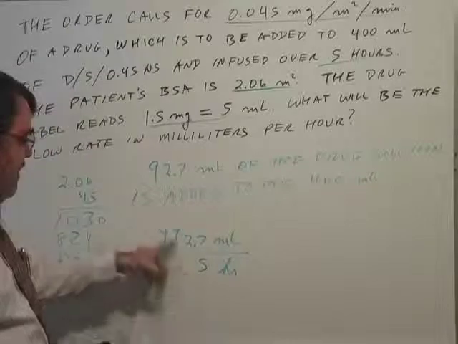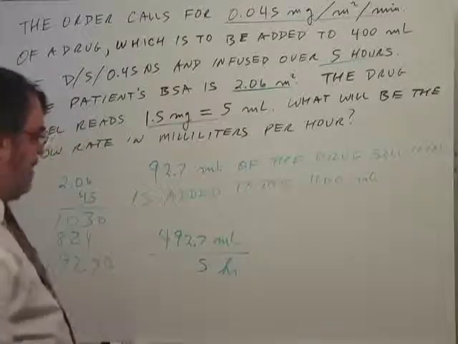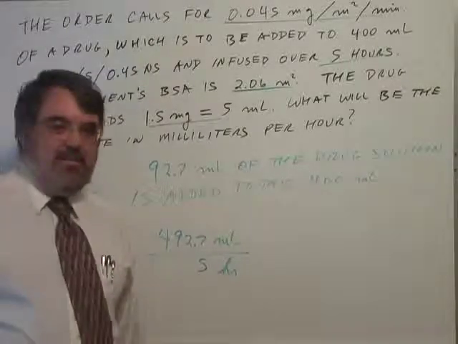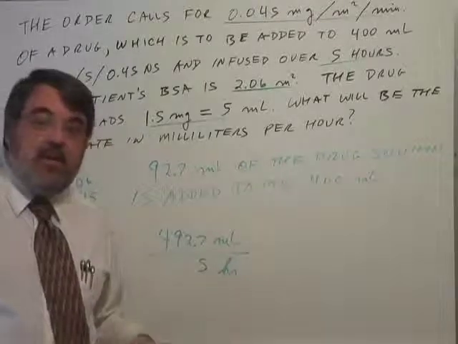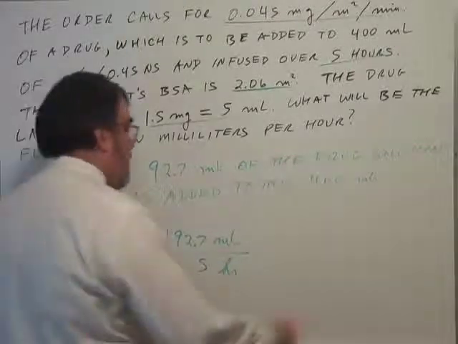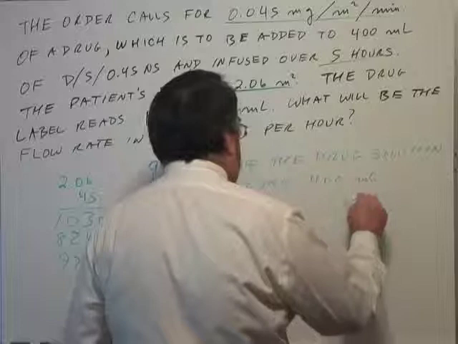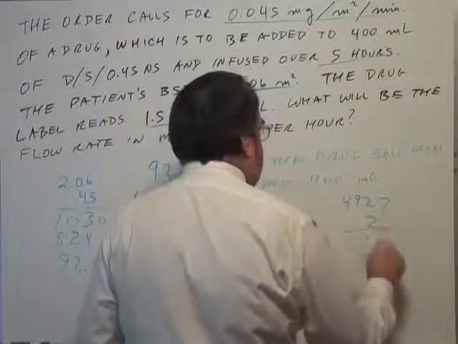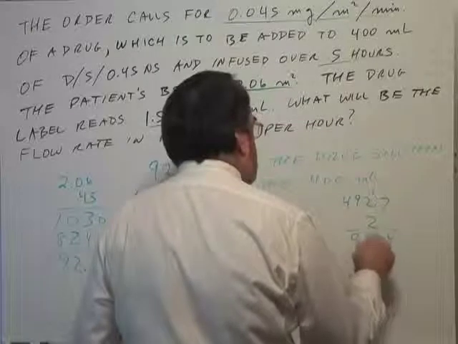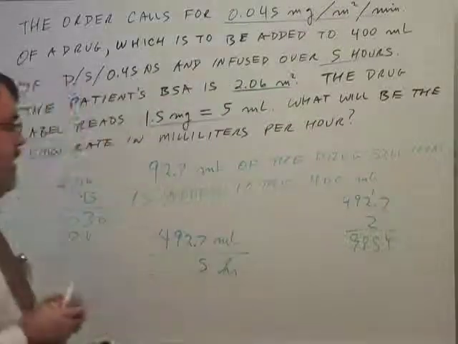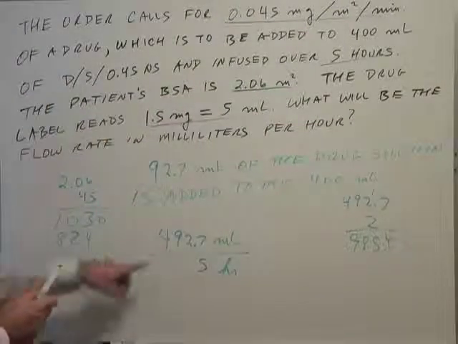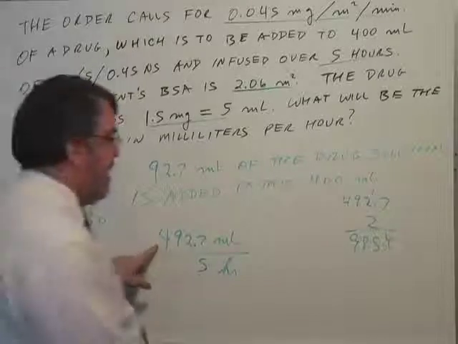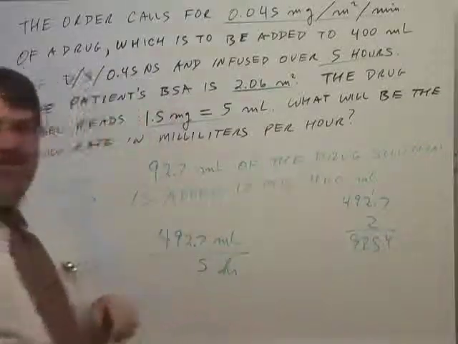I think most people would just divide 5 into 492.7, but I'm a little different, and so, you know, dividing by 5 is a little bit like multiplying by 2. So if I multiply 2 times 492.7, I get 985.4. Well, I know it's just a little bit under 100, so actually it's 98.54.